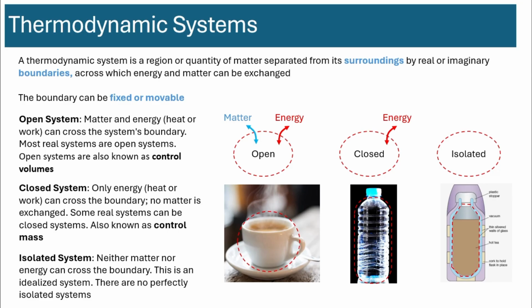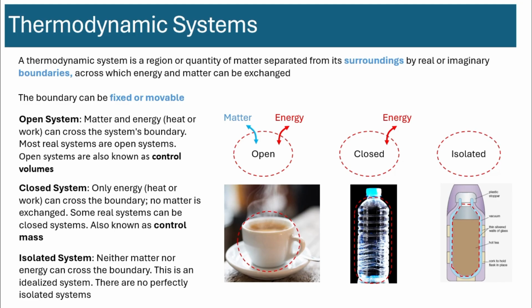A thermodynamic system is basically a region or a quantity of matter that can be considered together, and it's separated from its surroundings by an imaginary or a real boundary. Now, in some systems, there could be energy transfer across the boundary, and in some systems, there could be matter transfer. In some systems, there could be no transfer of energy or matter.